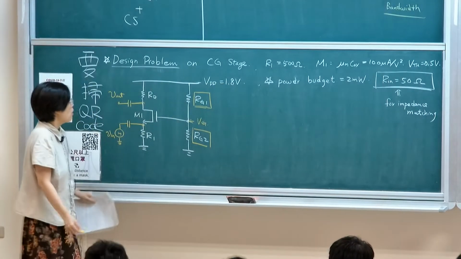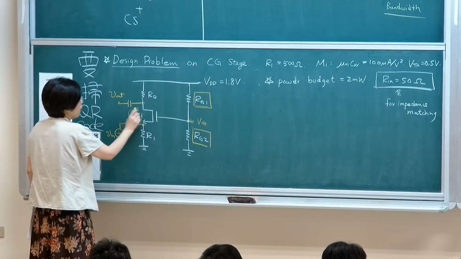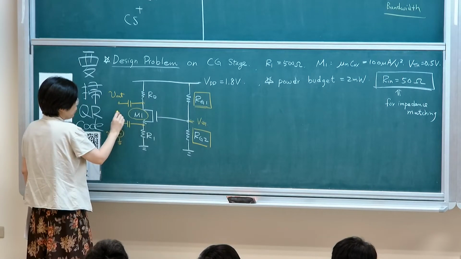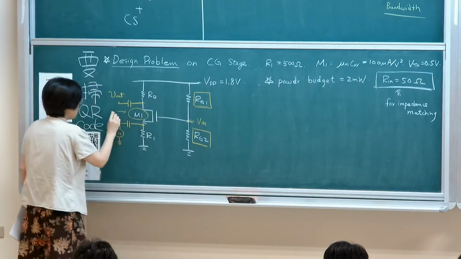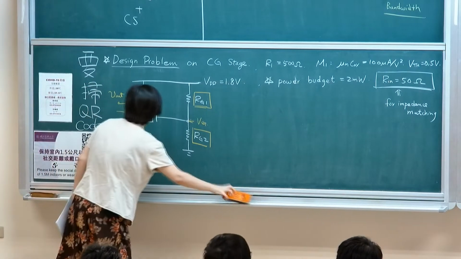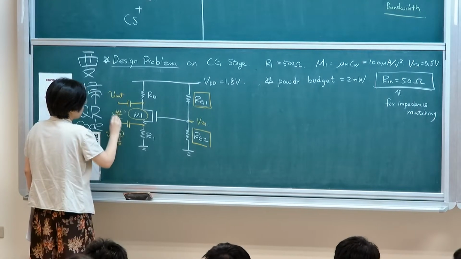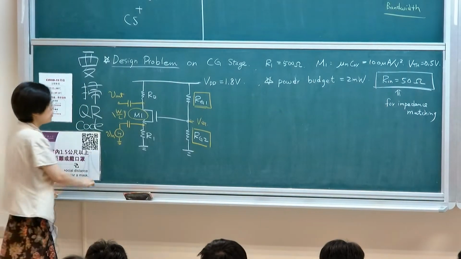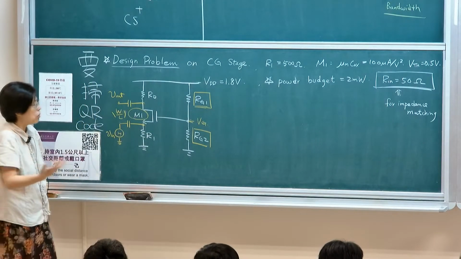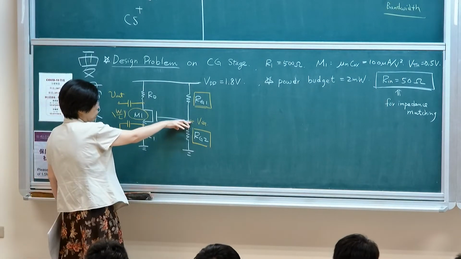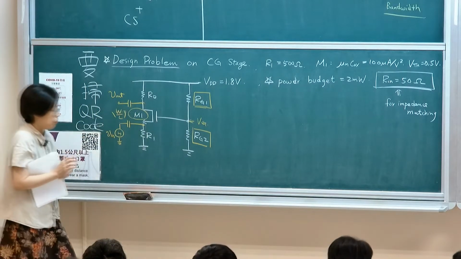I already know R1, so the next thing is that I need to design M1, meaning W over L, the size of the transistor. So there are three unknowns: R1, RG1 and RG2, which are the parameters you use to set up the bias, and device size is how you set up gm.